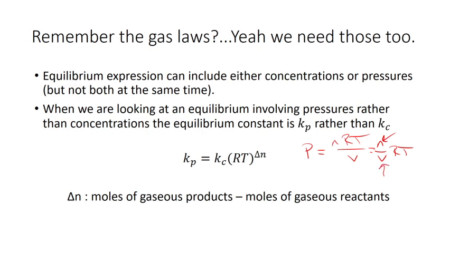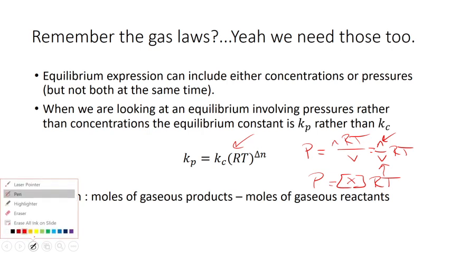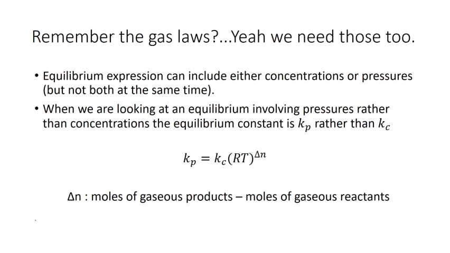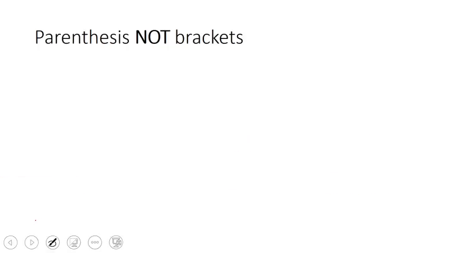And that is concentration. So pressure is equal to the concentration of some species times RT, which we've got concentration, or a concentration constant, times RT raised to the power of the number of moles. And so that is why we can make that switch there.